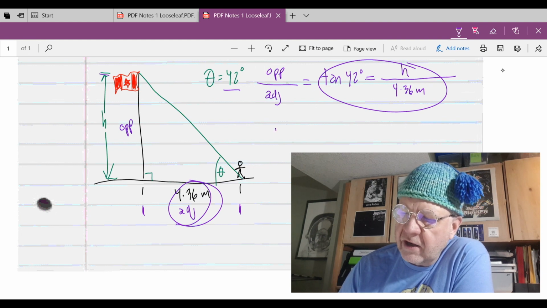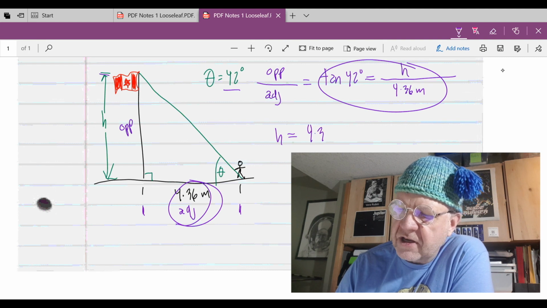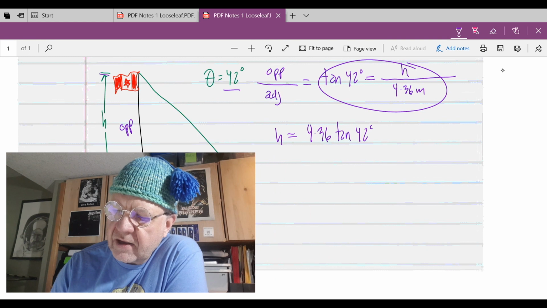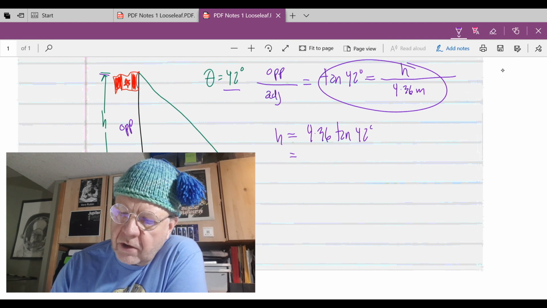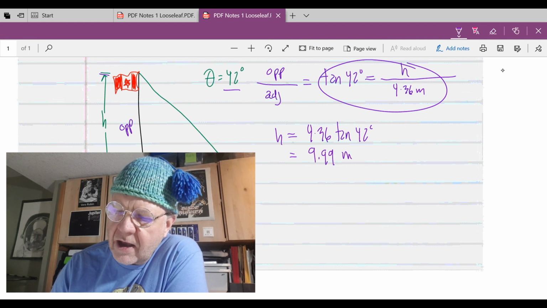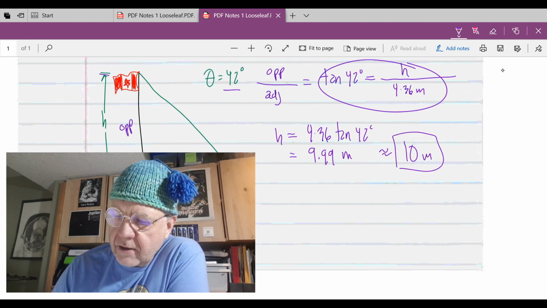Well, using a little bit of algebraic manipulation, we get quite easily h equals 4.36 tan 42 degrees. And if you work that out in your calculator, you get, what is it? I think you get 9.99 meters, which is, if you're going to round it off to the nearest meter, pretty close to 10 meters, okay?